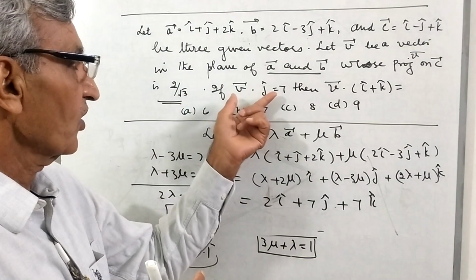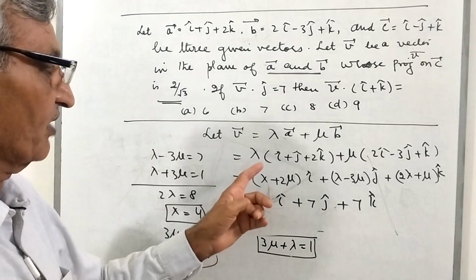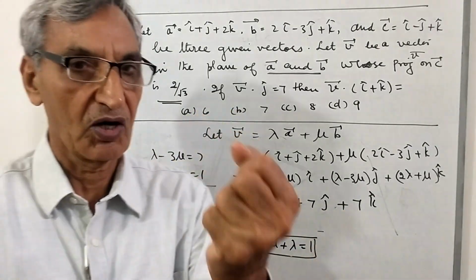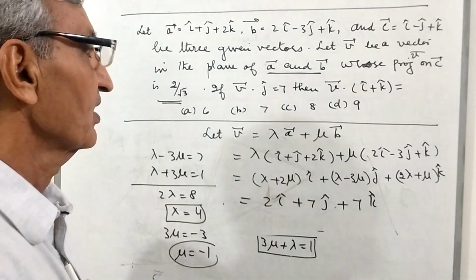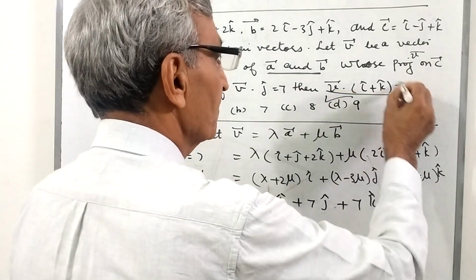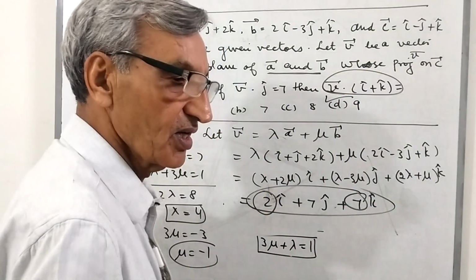Second, V dot j is equal to 7, another equation. Solving, we find the values and get the answer. Now my answer is i plus j, which is 2 plus 7.